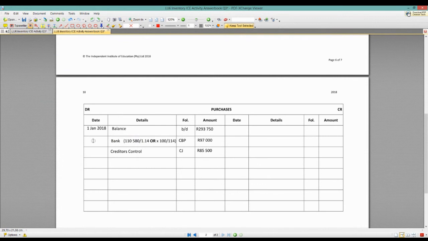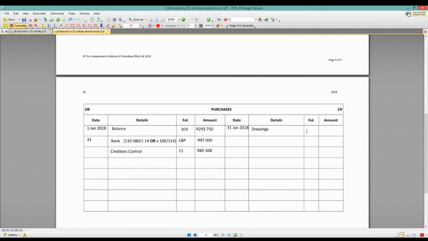Let me just put in the dates here for this side, the 31st of January. When an owner takes something, we take it to drawings.